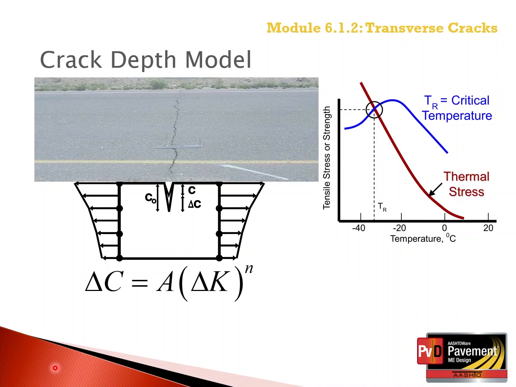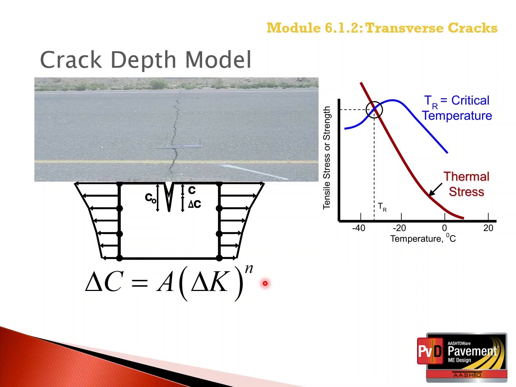The results from these computations of the stress intensity factors were used to develop artificial neural networks that are included in the pavement ME software to determine the stress intensity factors for simplicity and ease of computation. The fracture parameters of A and N are defined and explained in a later session of this module.